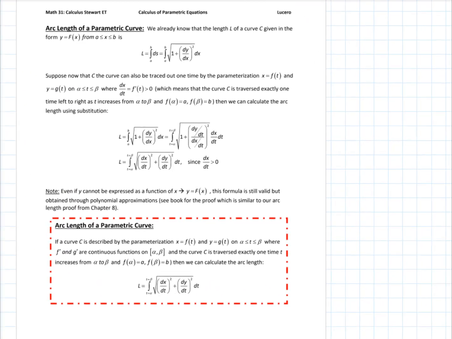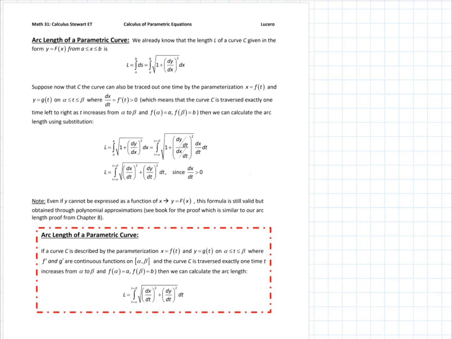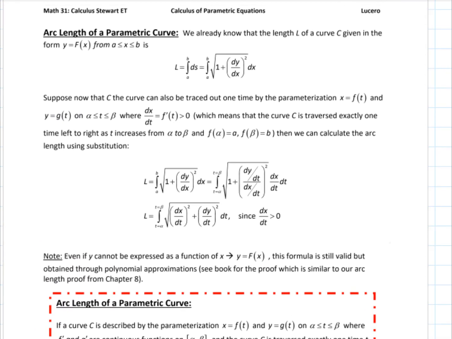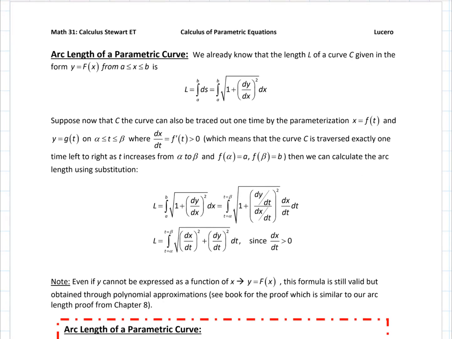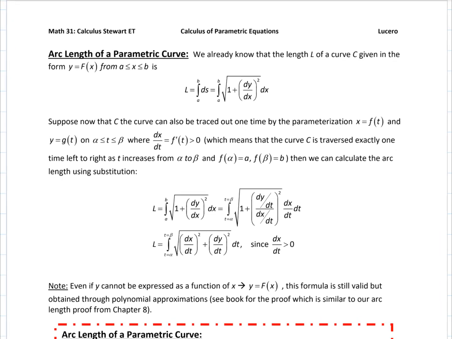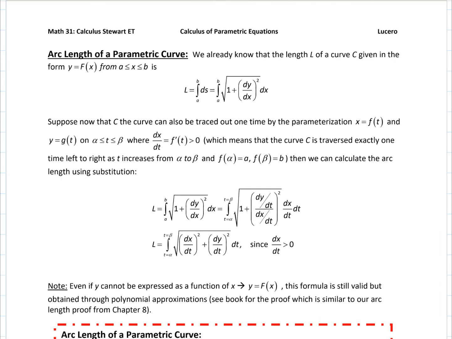What about arc lengths? It turns out we can take that same application and in a very similar way go through a little proof here and do a substitution, as long as our parameterization traces the curve out one time as the parameter increases.